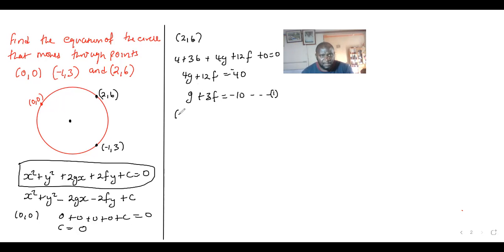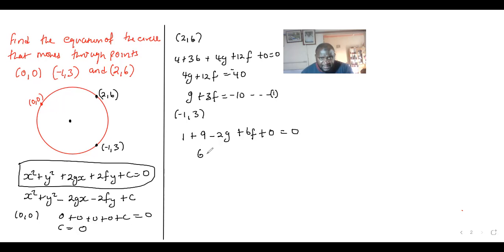When I use the other point, negative 1, 3, I will have 1 plus 9 minus 2g plus 6f plus 0 is equal to 0.